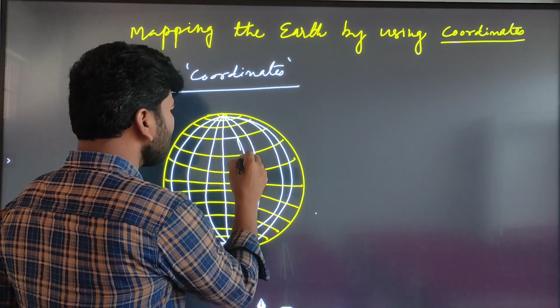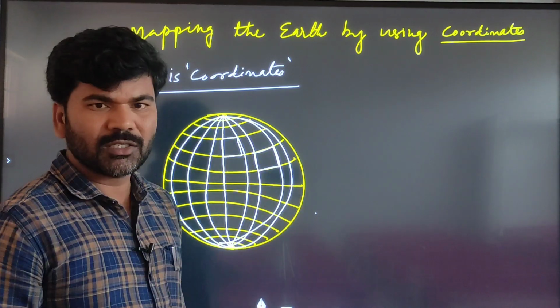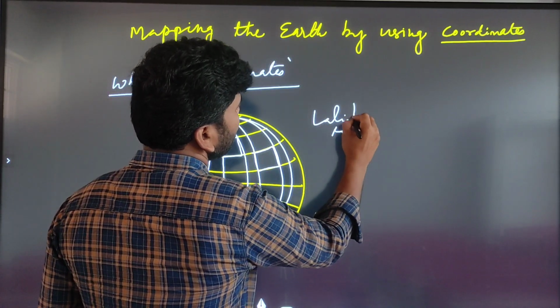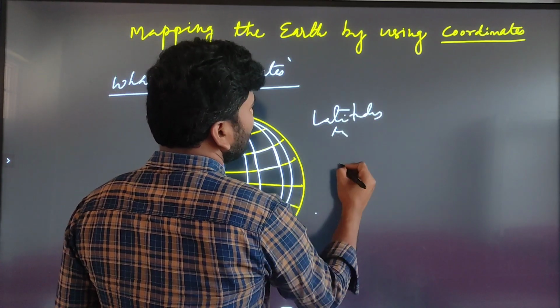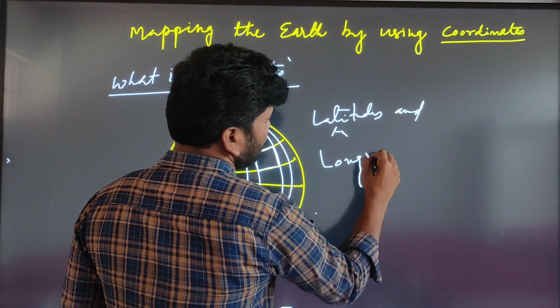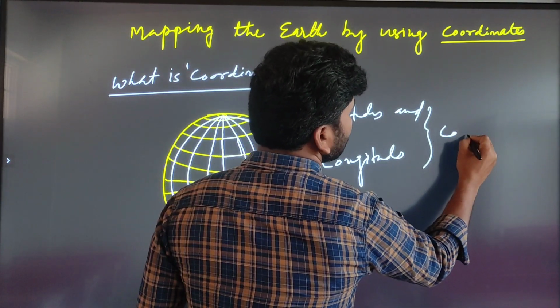These latitudes and longitudes make different squares or grids, and they are known as coordinates.